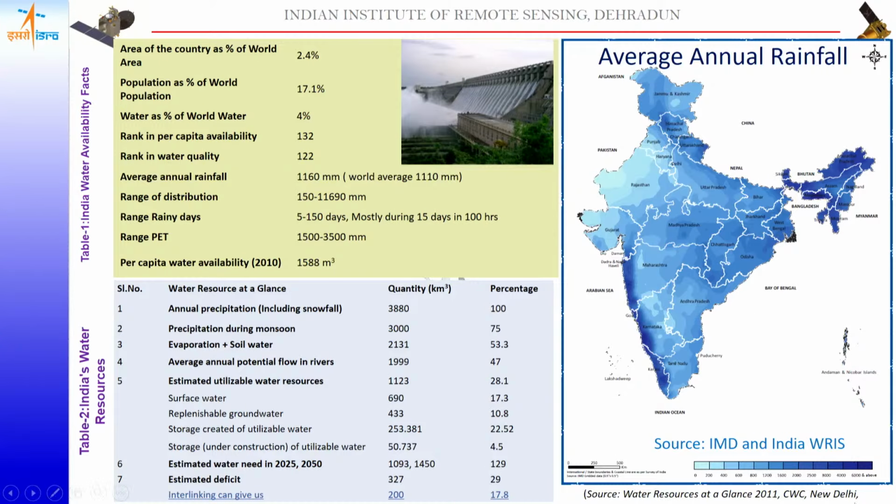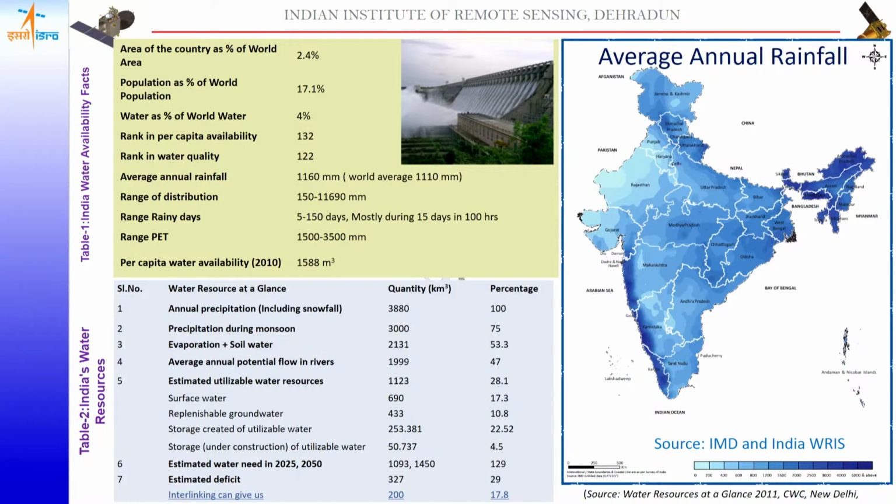And if you see the total water availability, almost 4,000 BCM, this 4,000 cubic kilometer, is the quantity which is available from the precipitation, with Western Ghats, Eastern India, the Himalayan region, and Central region having sufficient rainfall, and almost 75% of this precipitation will fall during the monsoon time period.